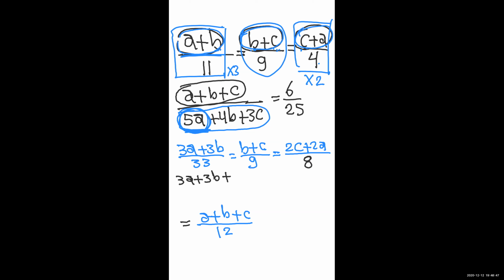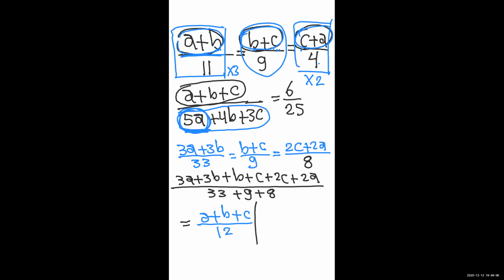So now add the antecedents: 3a plus 3b plus b plus c plus 2c plus 2a over 33 plus 9 plus 8.